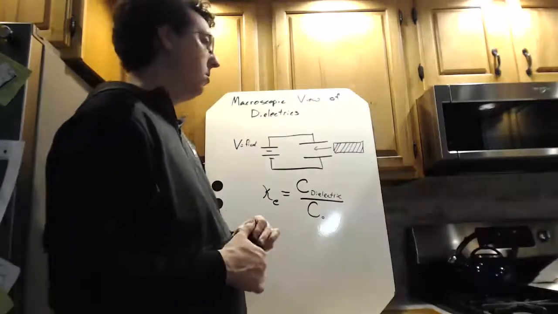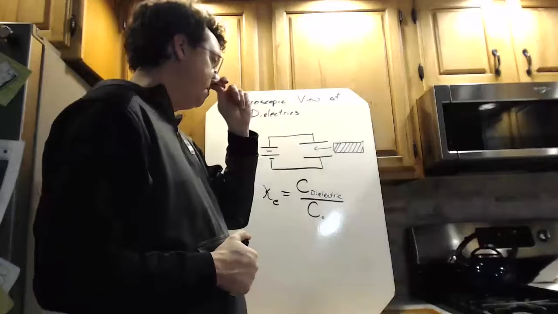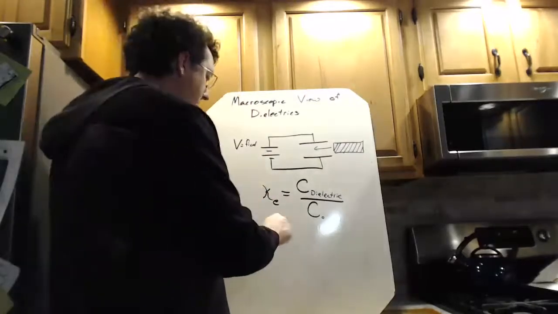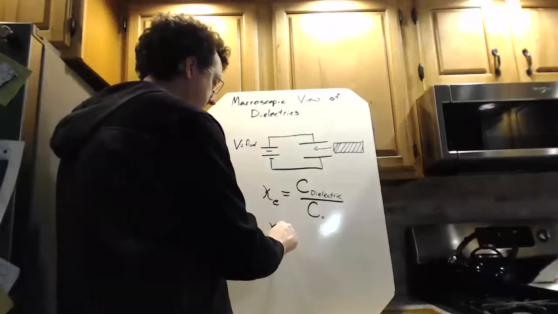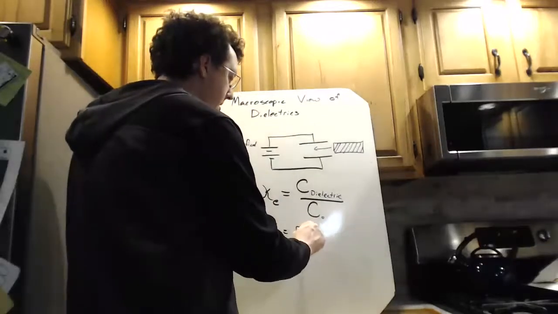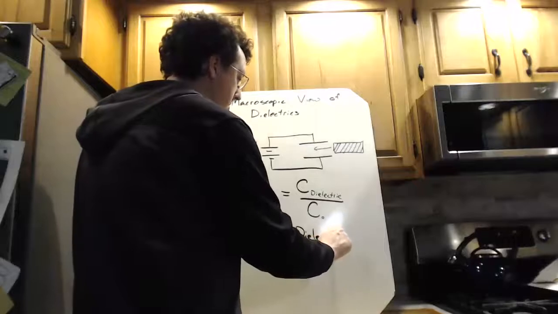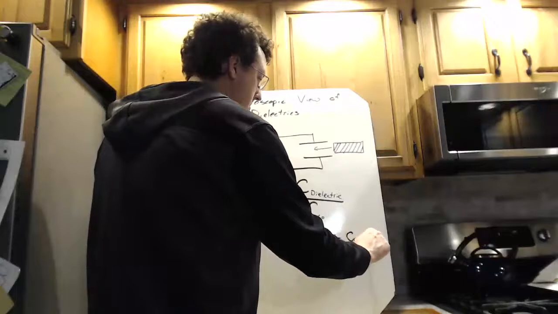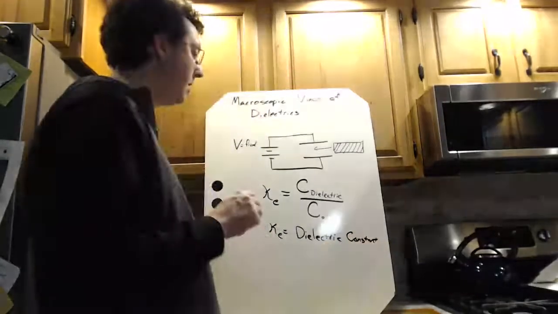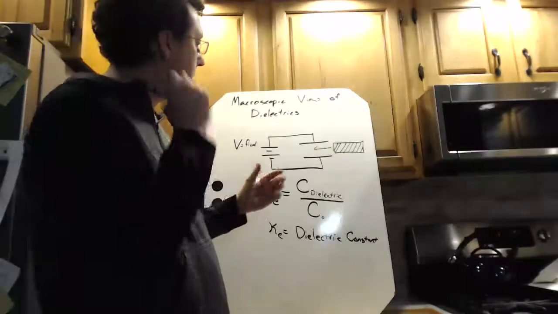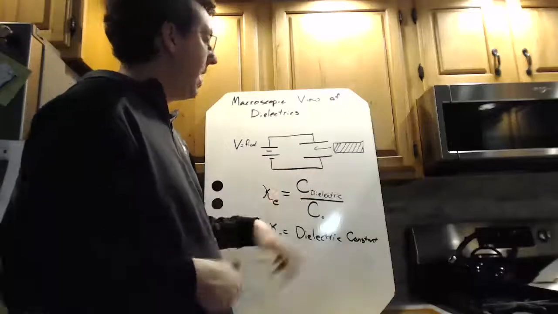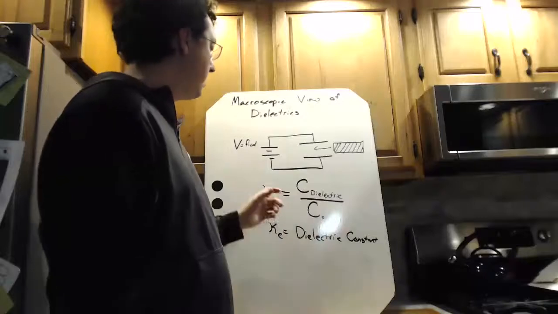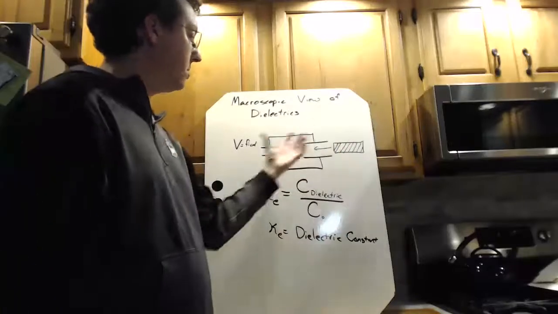Okay? So that's kind of interesting. Kappa is called the dielectric constant. It just tells you how much extra charge you're getting per volt, and it's the extra charge you're getting because of the presence of the material.